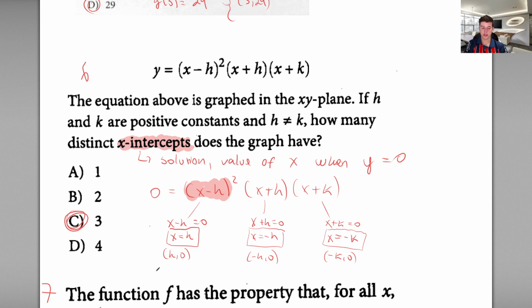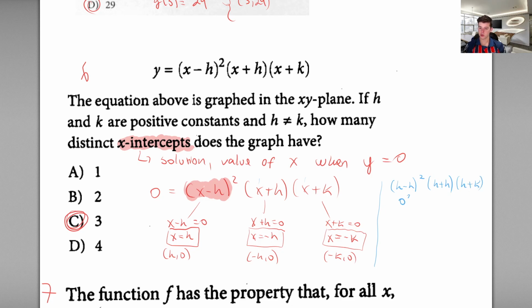So if x equals h, let's just show it here. When x equals h, for example, we don't care about this factor or this factor, because if this term is 0, then the whole thing is going to be 0. So let me show you what's happening. Substituting h, which we know is an x-intercept, for x in the whole equation gives (h minus h) squared times (h plus h) times (h plus k).